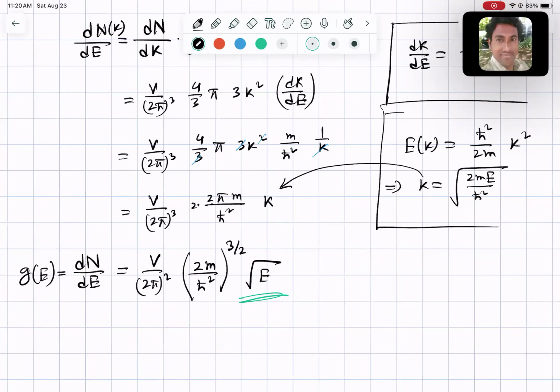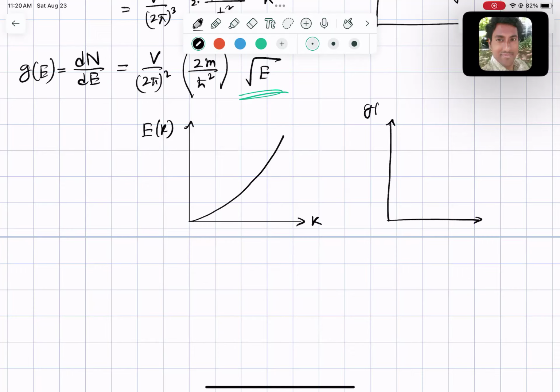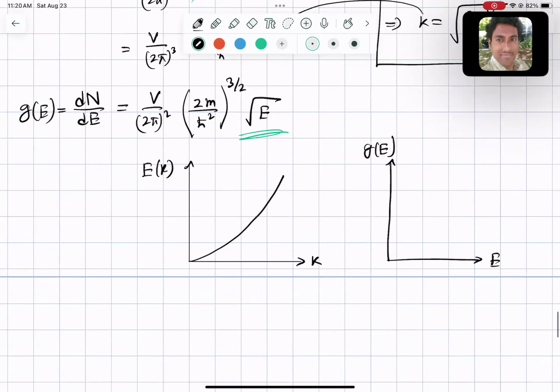Okay, good. This is for a 3D system, meaning, let me try to plot the graph. If this is E of k, and this is k, and this is the parabolic band, then the density of states for this band, g of E as a function of E, would be square root of E. I think square root of E is like this, right?